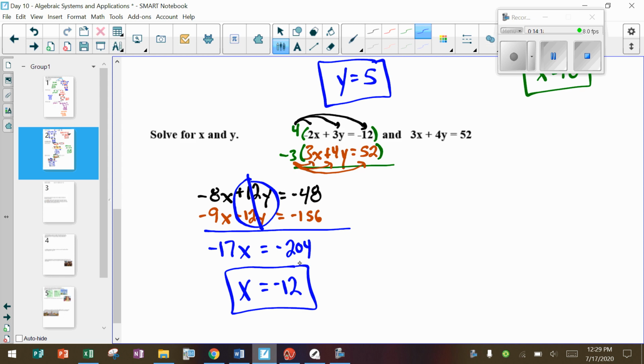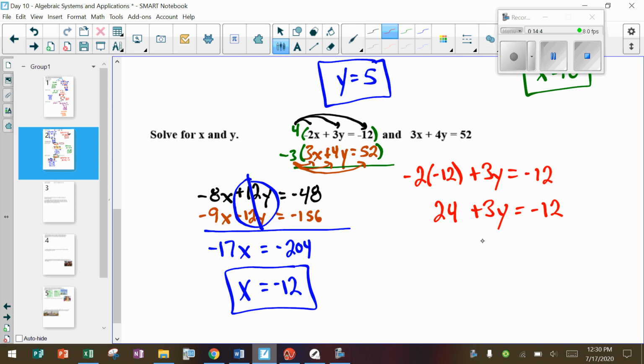Now that we know x is negative 12, pick an equation. Doesn't matter which one. I think I'll pick the first one. The numbers are a little smaller. Put in negative 12 for the x, and we are going to solve for the y. Multiply the negative 2 and the negative 12. Subtract the 24 from both sides.